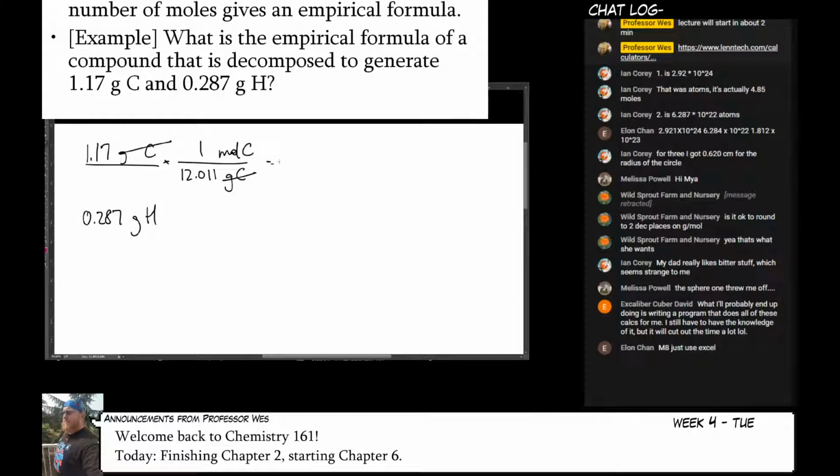So if I figure out the number of moles of carbon here, I multiplied. Whoops, that's not right. I was like, that's a really big number. I was expecting a small number. 0.0974.